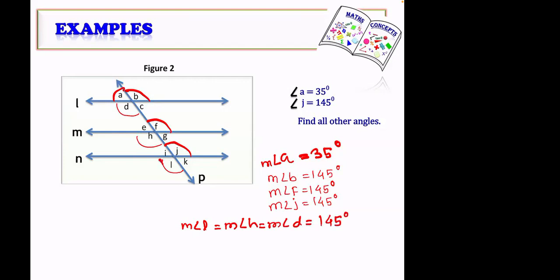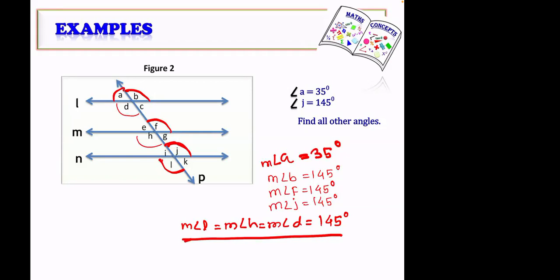And why is L 145 degrees? Because it is vertically opposite to angle J. So these are vertically opposite, these are corresponding angles. All of them 145 degrees.